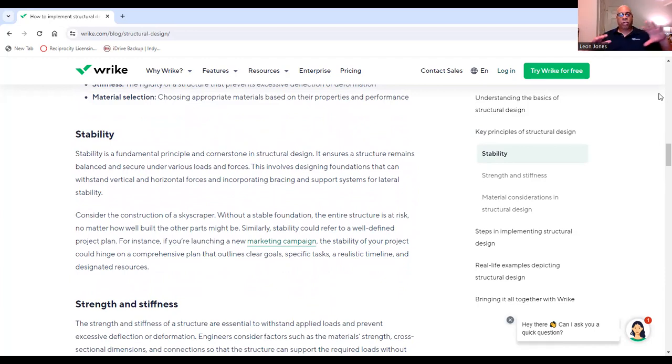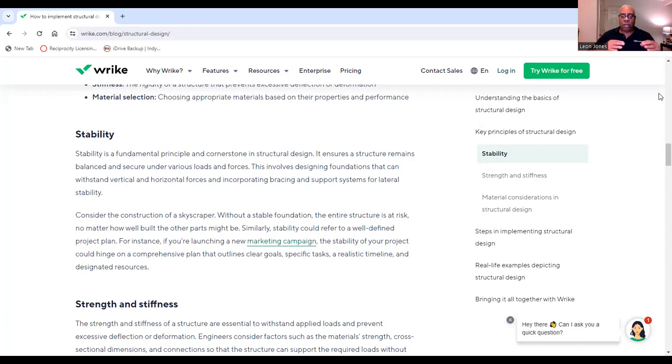So consider the construction of a tall building or a skyscraper. Just as I discussed earlier in foundations, if you don't have a stable foundation, the entire structure is at risk, no matter what your design looks like on paper aesthetically, no matter how well built the other parts might be.